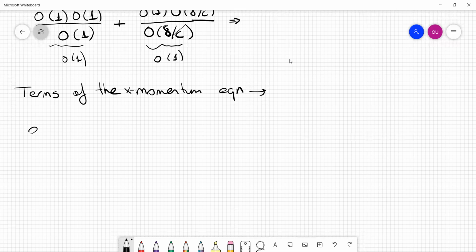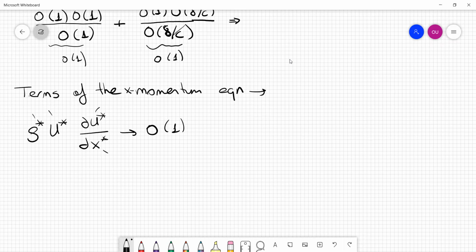The first term is rho star times u star du star over dx star. Obviously, this will have an order of magnitude of 1, because each term has an order of magnitude of 1, like we did before.